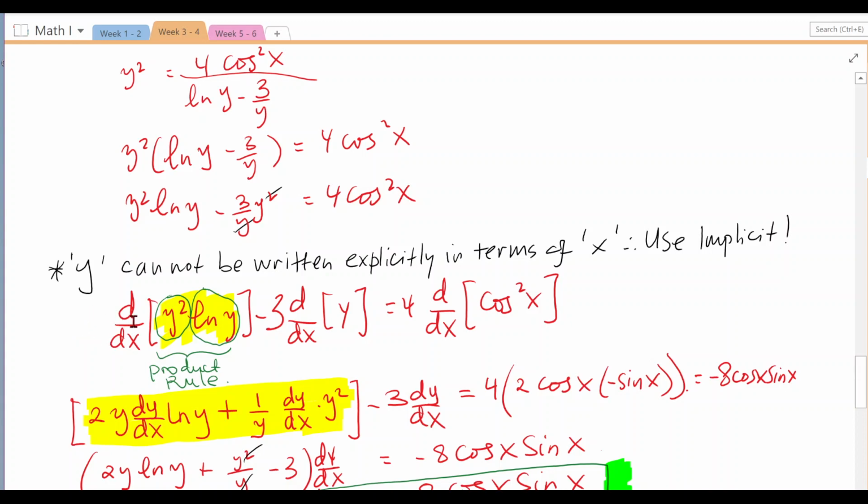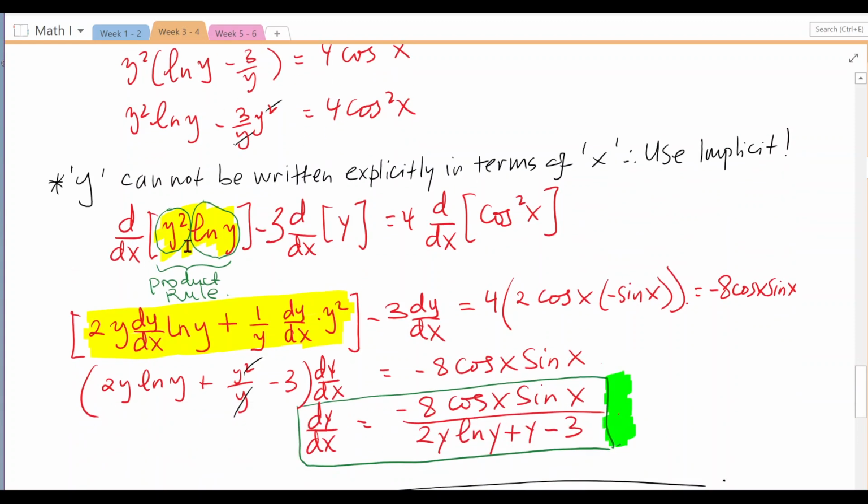Taking the derivative of the first term here, y squared times ln y, which is a product rule, in the square brackets, minus 3 dy/dx, because there is only a single y. So dy with respect to x equals 4. The derivative of cos squared x with respect to x is easy, it can be found.